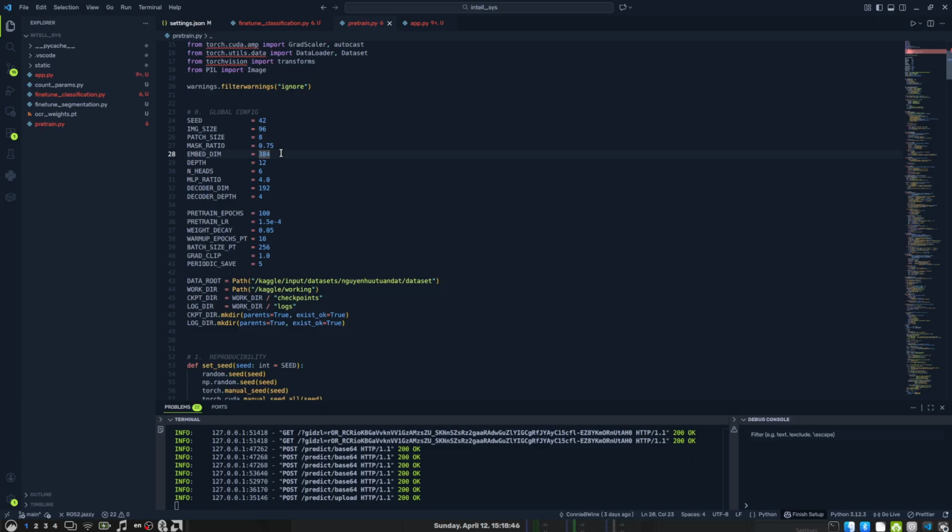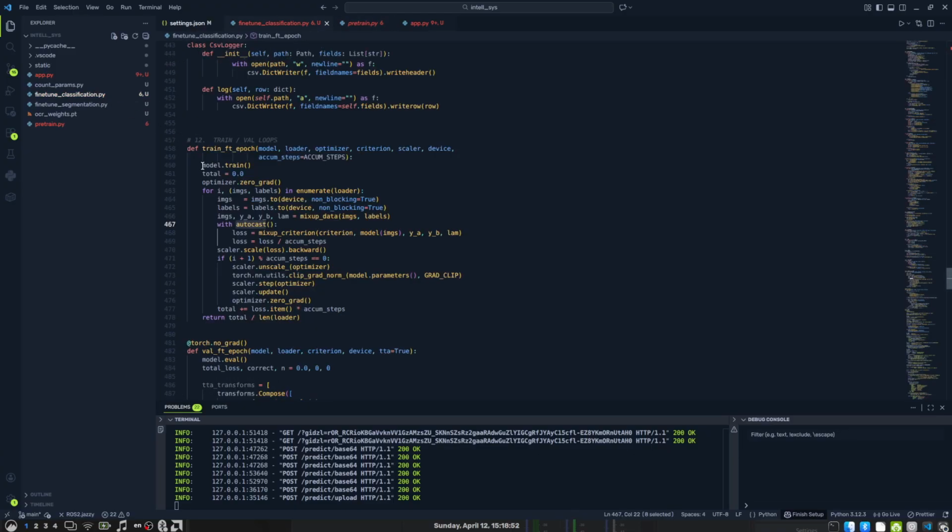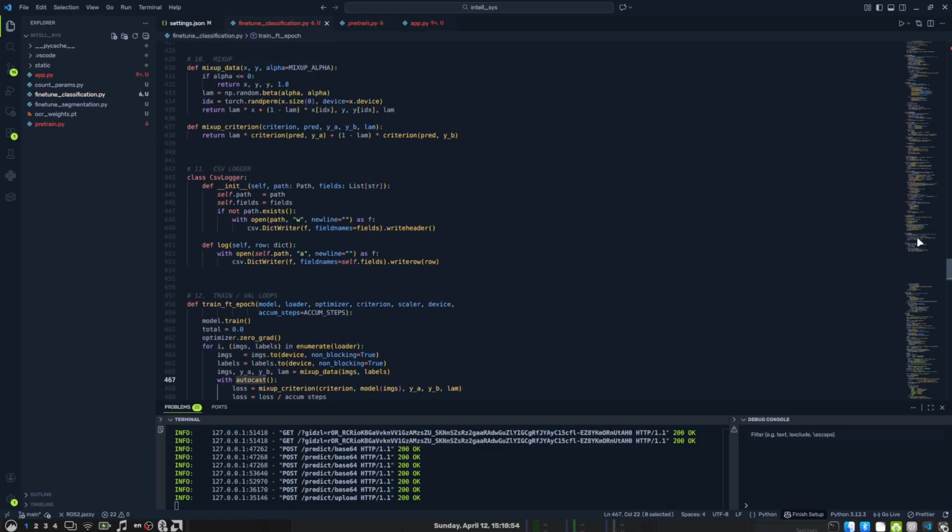After training and testing it, I realized it wasn't good enough, so I decided to fine-tune it, and I call it fine-tune classification. Fine-tune classification and segmentation are 2 parts of the process.